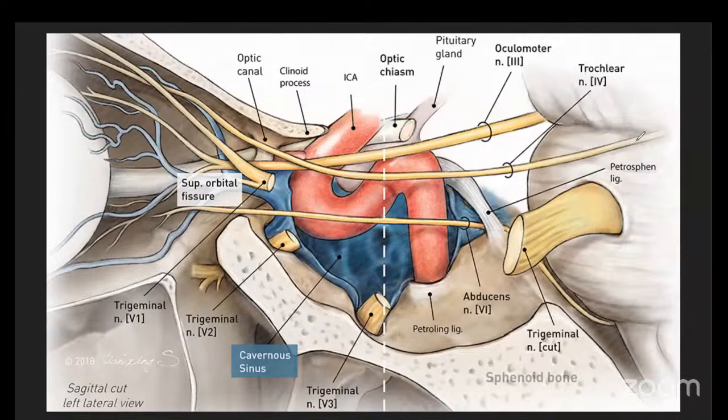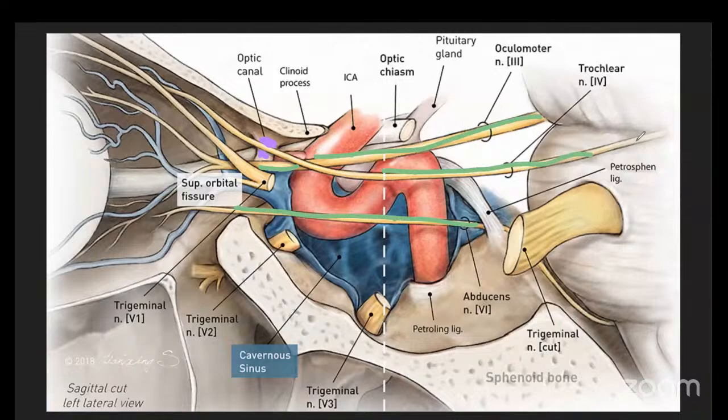Let me clear this. Then, what do we have here? This is the third nerve. Where is it going? It is going through the superior orbital fissure. And then this is the fourth nerve. This is the sixth nerve. So if this is the third, fourth, and sixth, then what is this small structure here in purple?